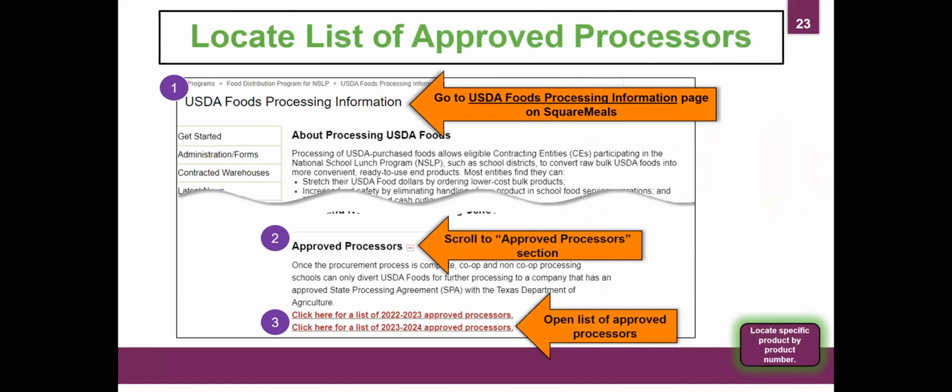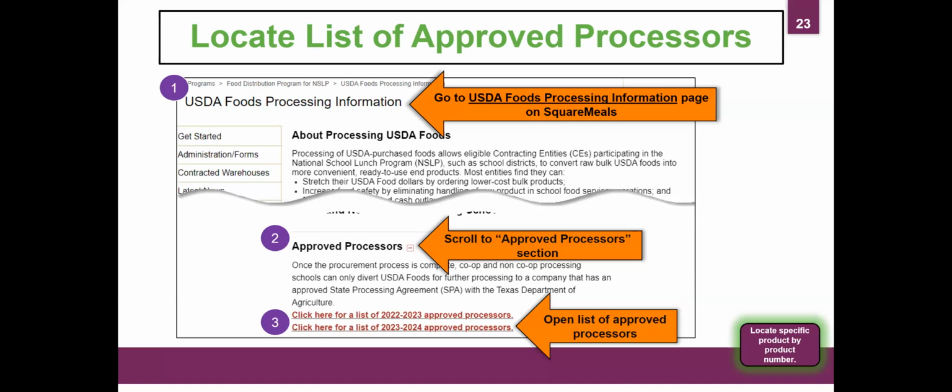In order to locate the list of approved processors, this information is located on TDA's website under the food distribution program for NSLP. While all of the one pagers, the training materials, the FAQs, a lot of the information that we're reviewing today, these slides, are located under the WebSCM transition project page, when you get ready for processing, you're going to go to the food distribution program for NSLP, the National School Lunch Program.